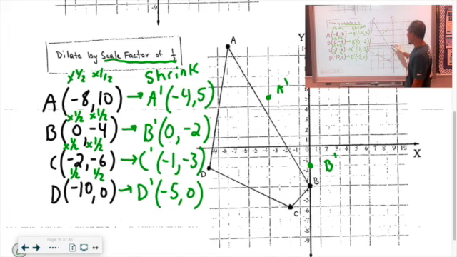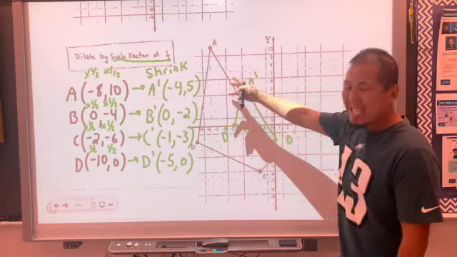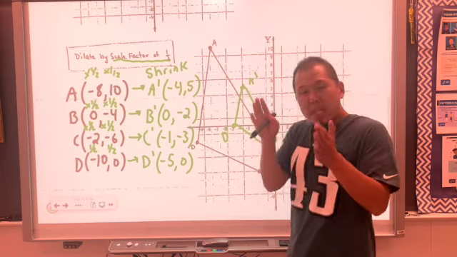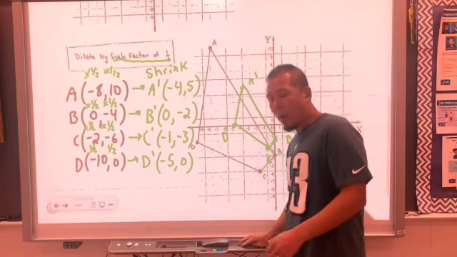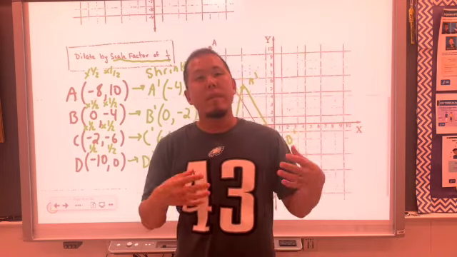C prime, -1, -3. That's C prime. And finally, D prime, -5, 0. Got to label that D prime. Connect the dots. Notice that it's an exact same copy, just smaller. It's shrunk.